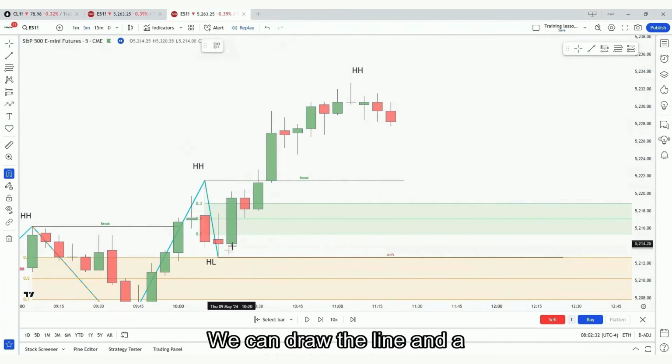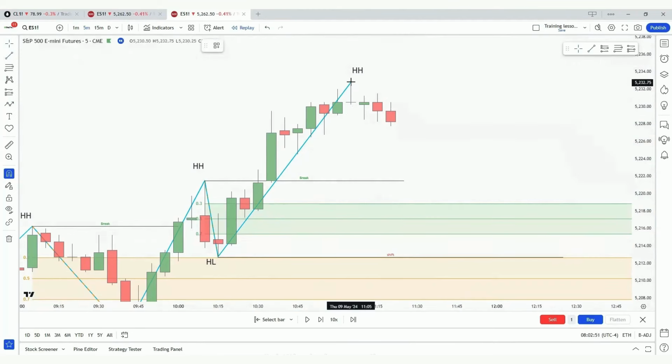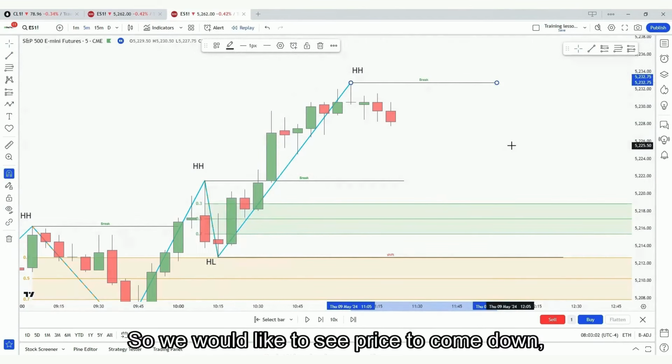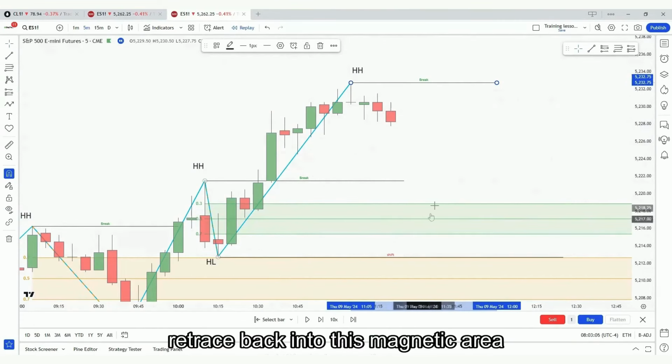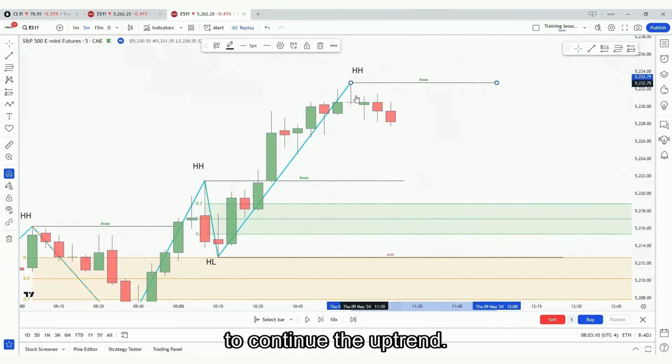We can draw the line. And a new break line. Break to the upside. So we would like to see price come down, retrace back into this magnetic area, and then close above this higher high to continue the uptrend.